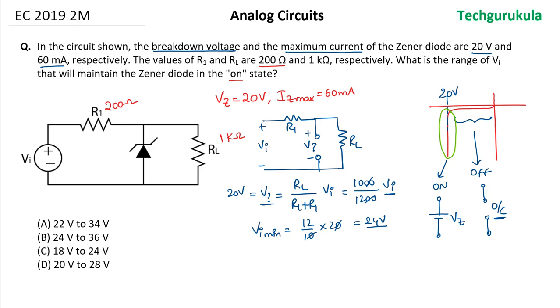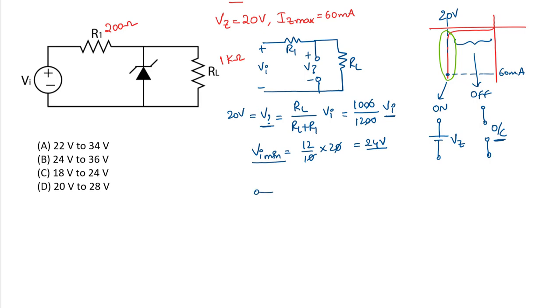Now once we make sure that the input voltage is greater than 24 volts, we need to find the maximum input voltage till which the Zener diode is kept in the breakdown region. We are given that the maximum current that the Zener diode can accommodate is 60 milliamperes. So let's find that out. For the second case, let me take the circuit diagram where the Zener diode has entered the breakdown region, where it acts as a voltage reference, with the voltage across the Zener diode being 20 volts.